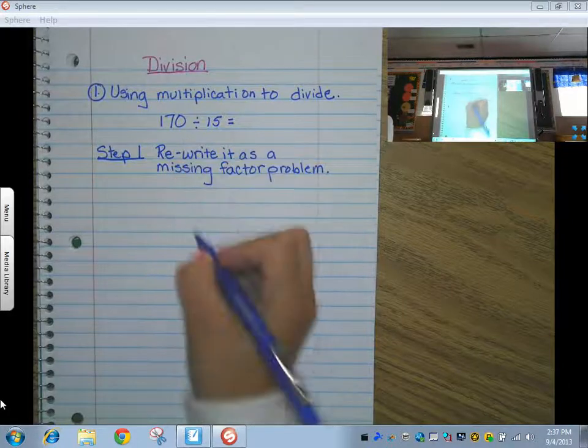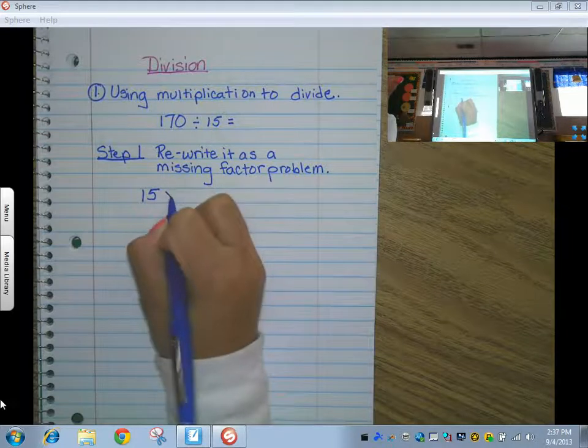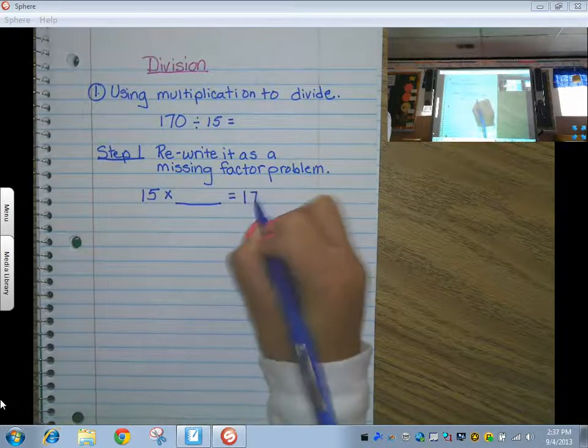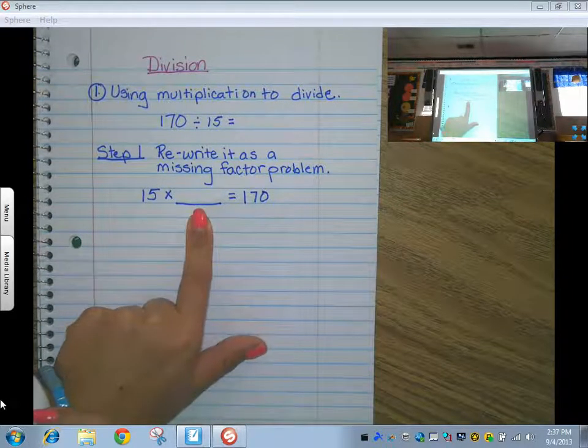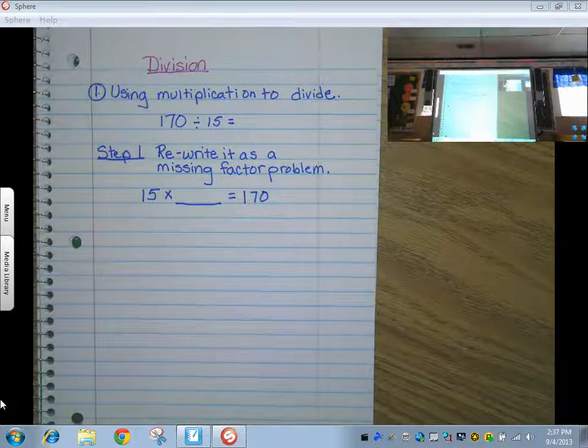That's a missing factor problem. Jacob, don't give me the answer yet. I know you guys all know the answer we shared yesterday. So step 1's pretty simple, right? Yes. Okay.